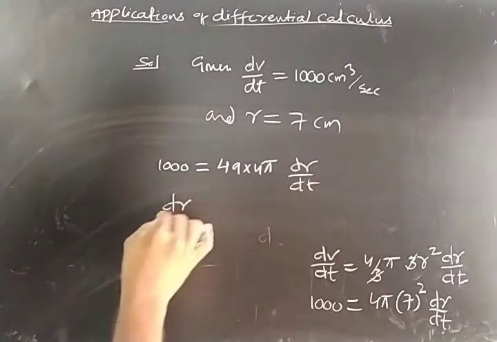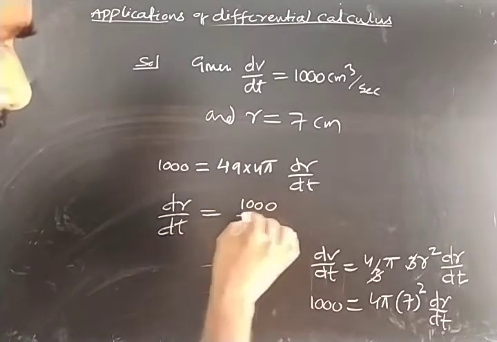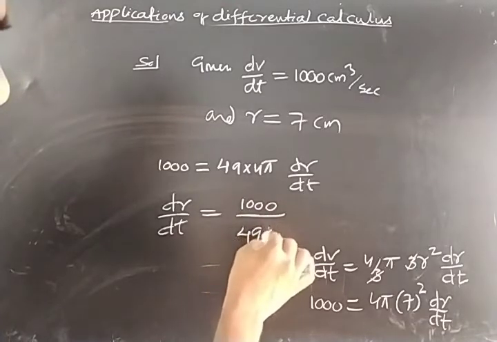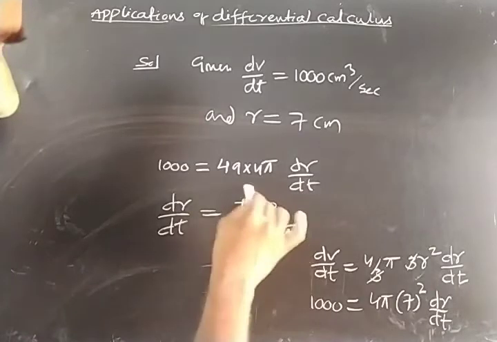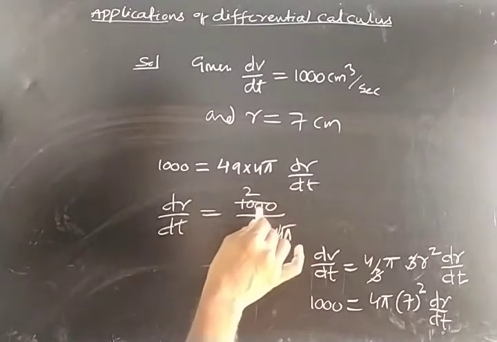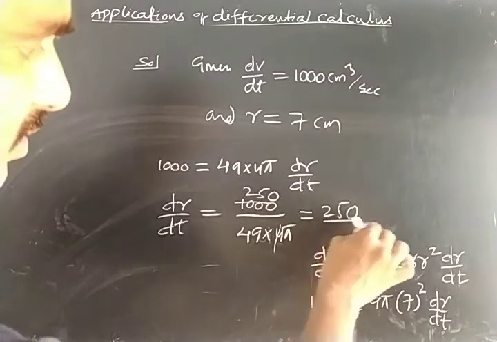So dr by dt is equal to 1000 by 49 into 4 pi. 4 into 250 is 1000, so 250 by 49 pi.